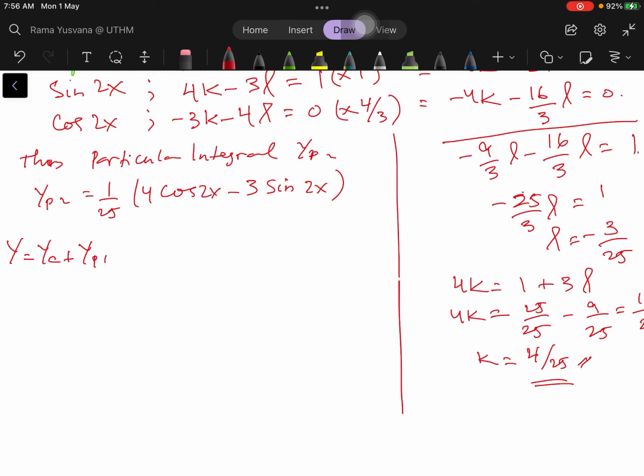We can combine everything. y equals yc plus yp1 plus yp2.